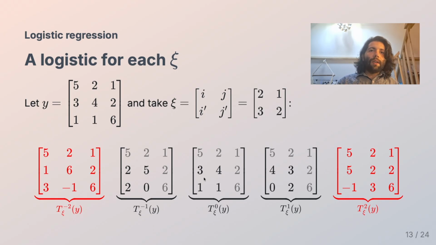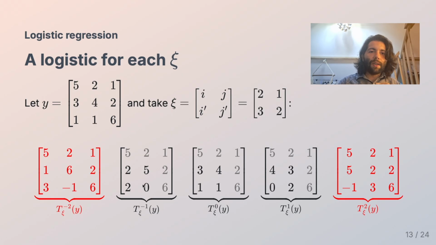Now, if I do the operation parameterized by this polyad once, I will sum 1 in this 3, subtract 1 in this 4 here, subtract 1 in this 1, and sum 1 in this 1, and end up here. If I do the inverse transformation, I subtract 1, sum 1, sum 1, and subtract 1, and end up in this graph here.